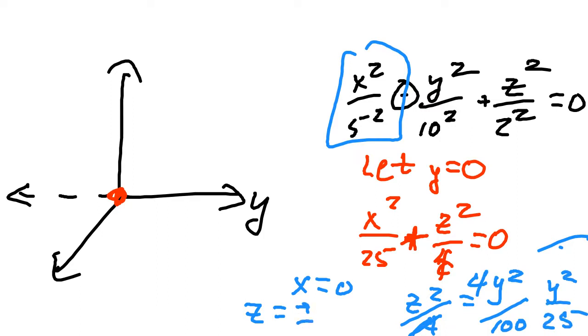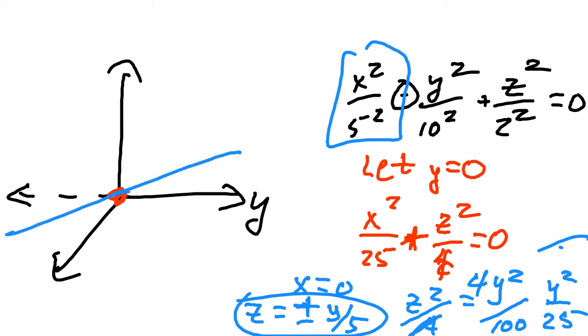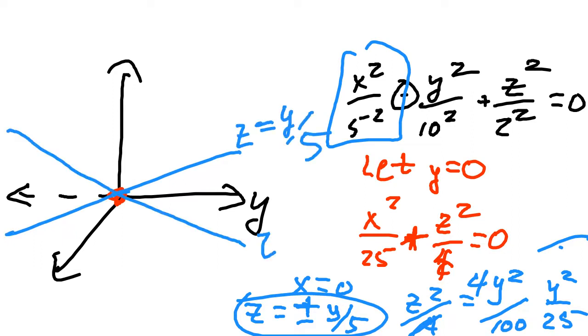So z equals plus or minus y over 5, 1/5 y. That gives us an equation. Toward the y-axis along the z, this would be z equals y over 5, and then of course I have z equals minus y over 5 for this one.